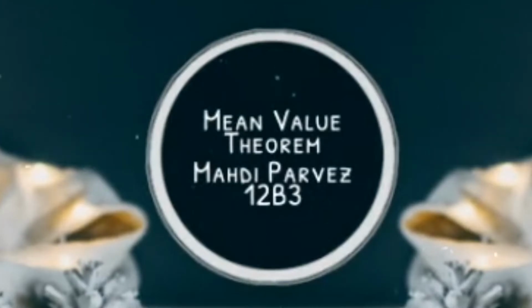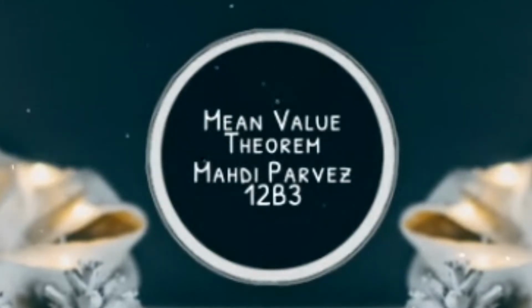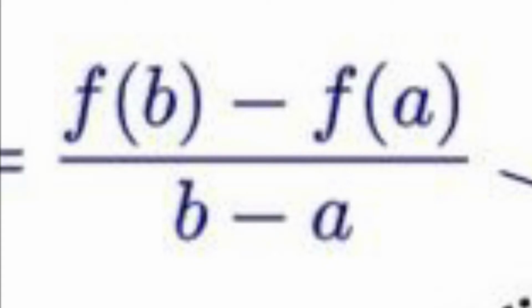Now, let's suppose that the function is continuous and differentiable on the interval (a, b). Then there exists a number, which we'll call c, such that f'(c) equals the slope of the line, which is (f(b) minus f(a)) over (b minus a).